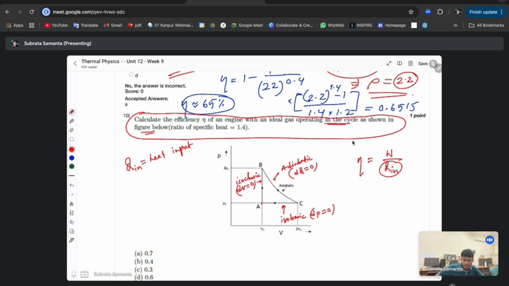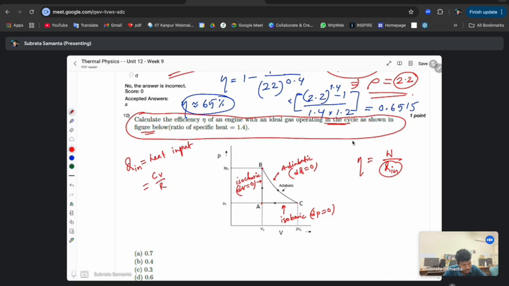So this is basically Cv over R, right? And then for this point, this is Q in, right?